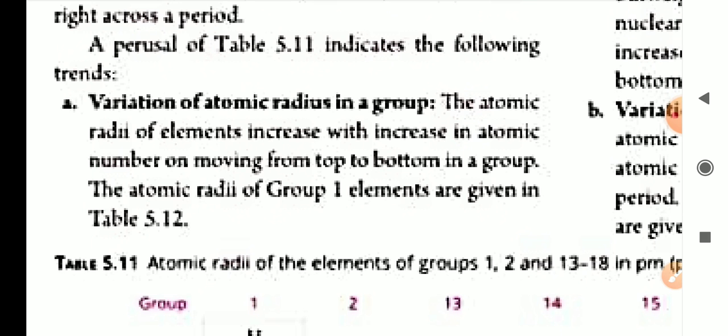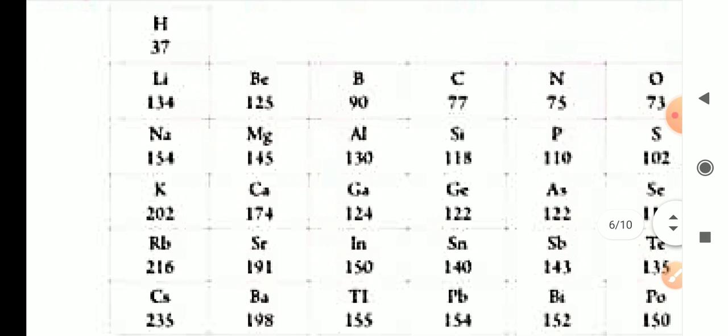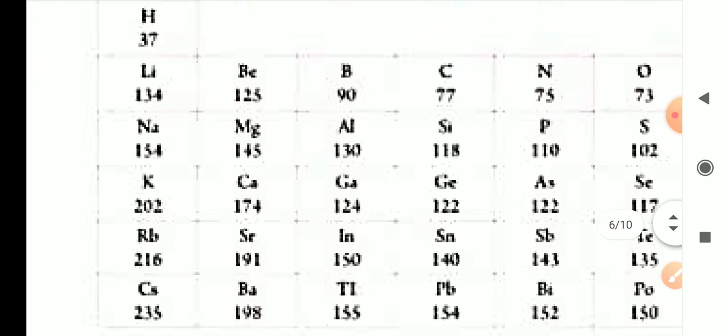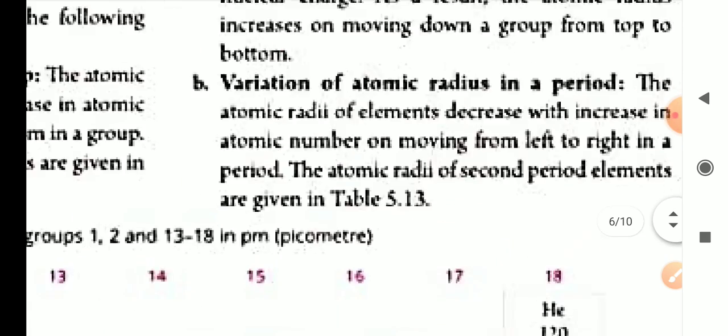That means the size increases. That's why atomic size increases when we move top to bottom in a group. You can see hydrogen 37, it increases as it comes down the group. But in a period, it first decreases, then in the case of neon, when the octet is fulfilled, it increases.